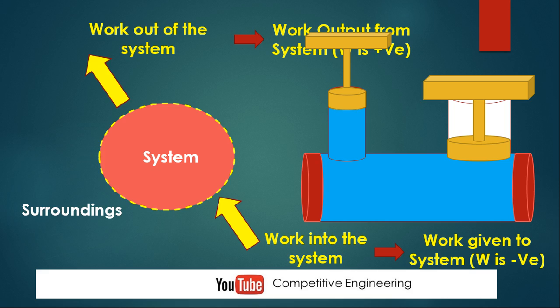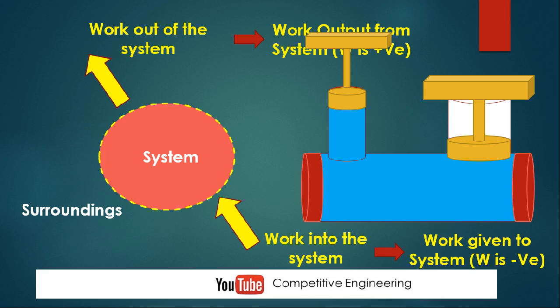That means I am doing some work into the system. Work is nothing but force into displacement. When I am applying force, if it is displacing some amount, that much is the work. When I am applying external force, the piston will go down, so I am doing work into the system, that work is negative.